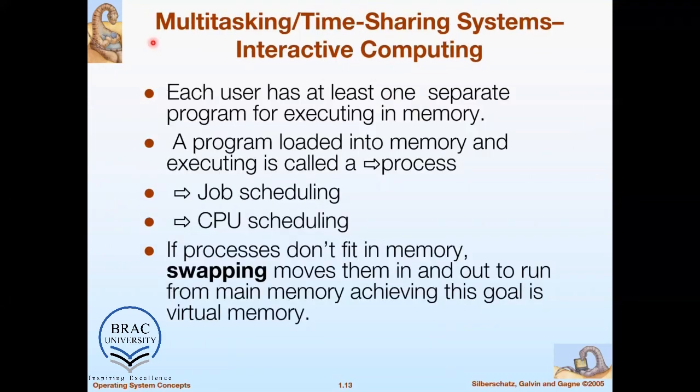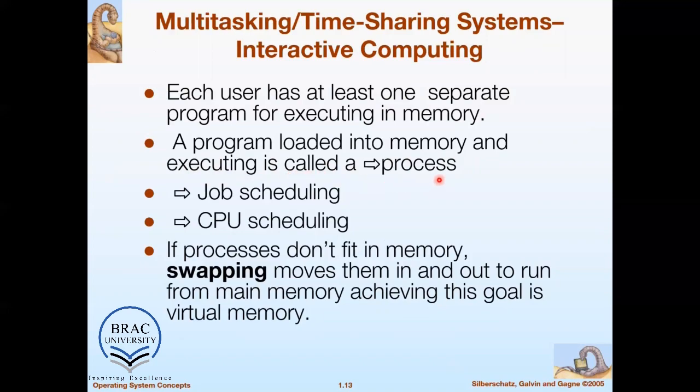Now some features that you have to remember for a multitasking, time sharing or interactive computing system. The first one is that each user has at least one separate program executing in main memory. And the second one is that a program loaded into memory and executing is called a process.